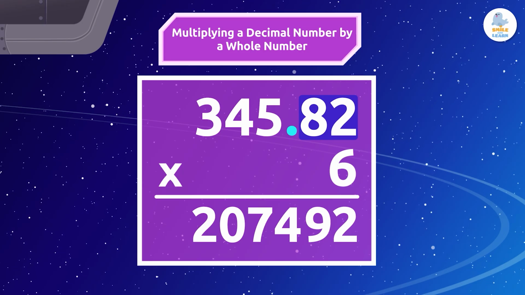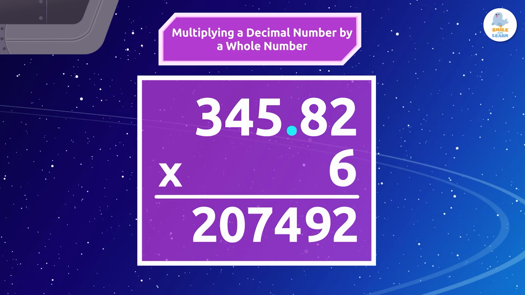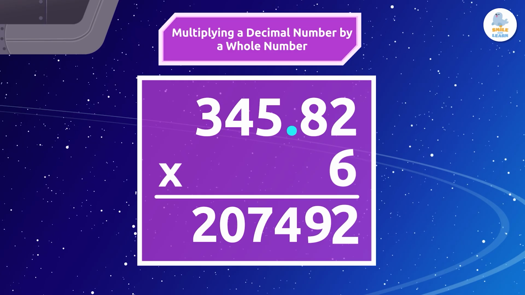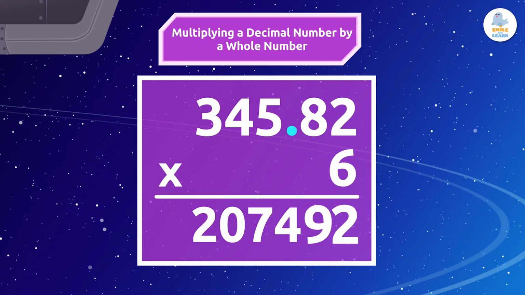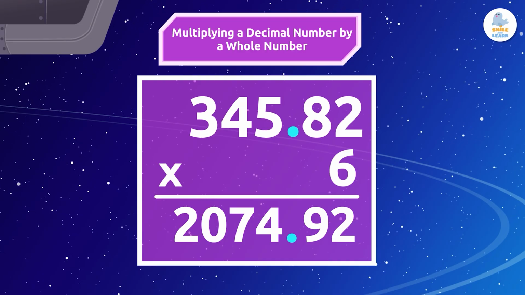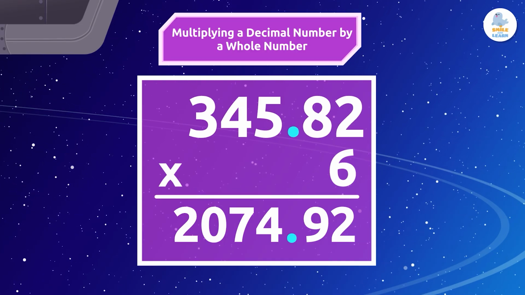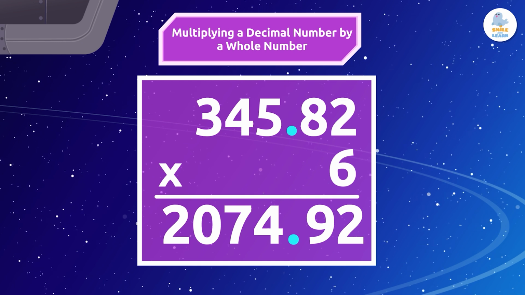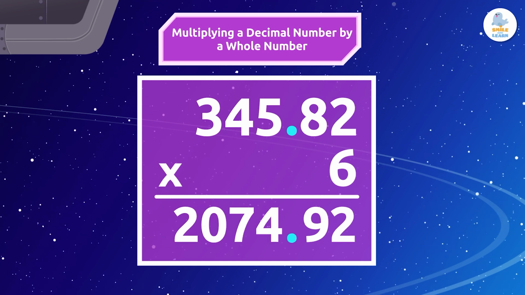Then in the product, we will add in the decimal point so that it also has 2 decimal places, 1 and 2. Right here is where the decimal point goes. So the product of 345.82 times 6 is 2074.92. Great!